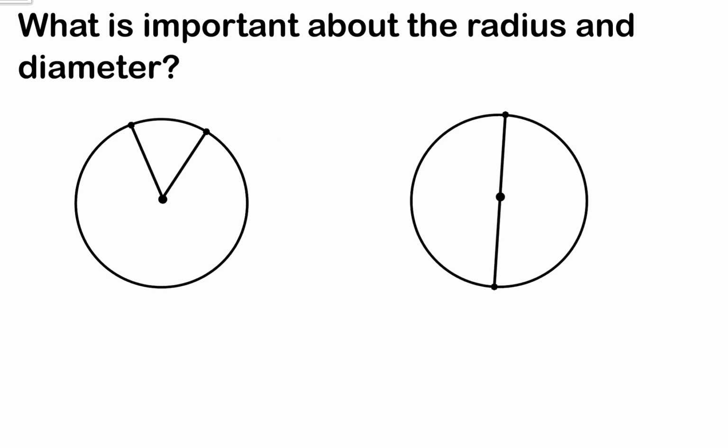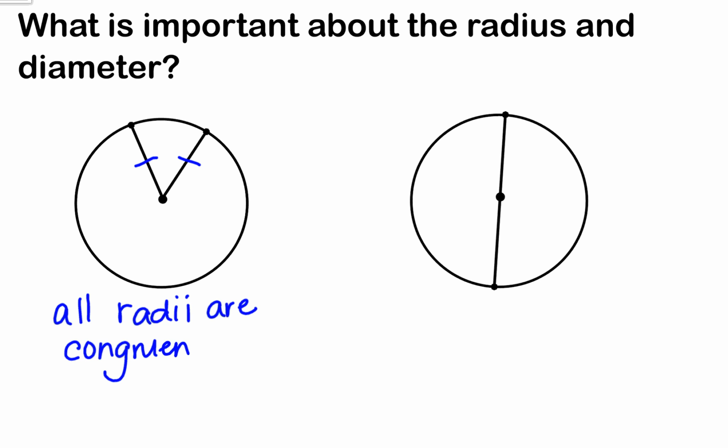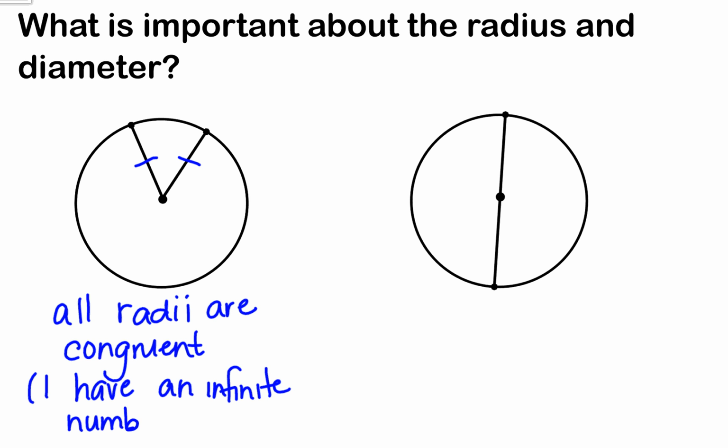And what we also want to note are what's important about a radius and a diameter. So what is important about radii? All radii are congruent. And I actually have an infinite number of radii.